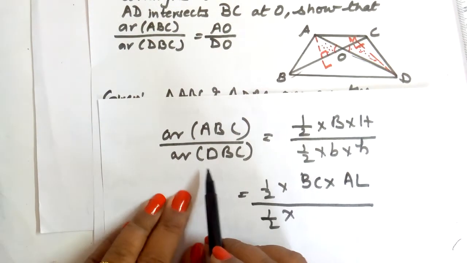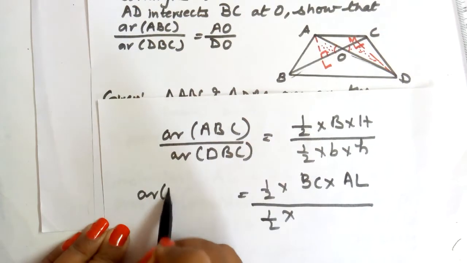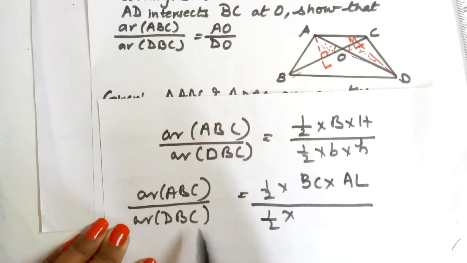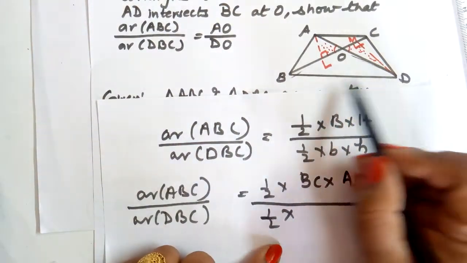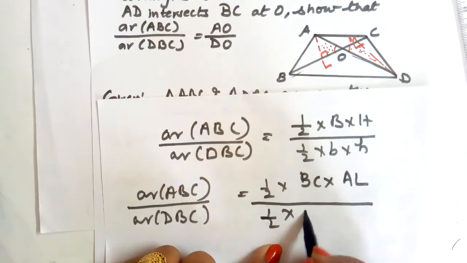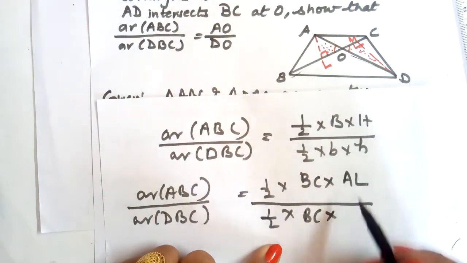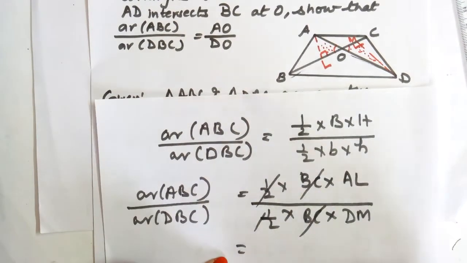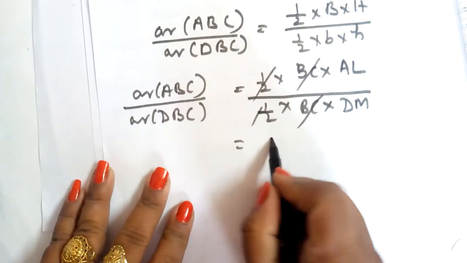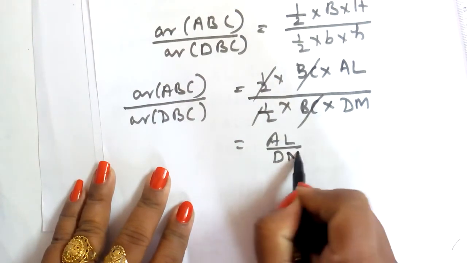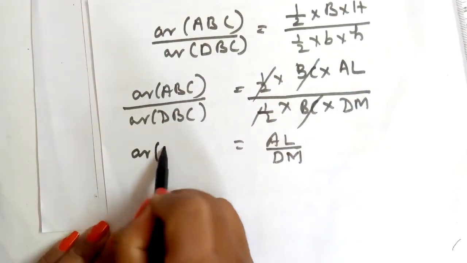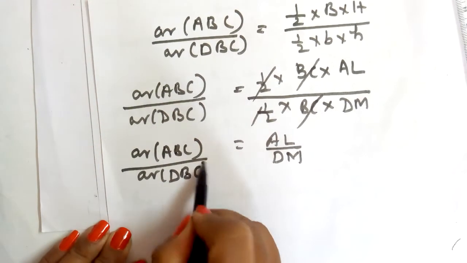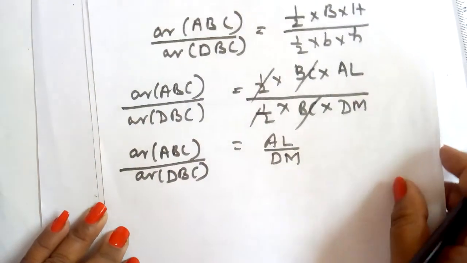What is the base for DBC? Again for triangle DBC, the base is BC and the perpendicular is DM. So the 1 upon 2 and BC will cancel out, and we are left with AL upon DM. So area of triangle ABC upon area of triangle DBC is equal to AL upon DM.